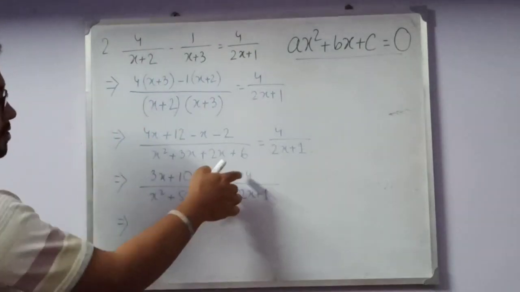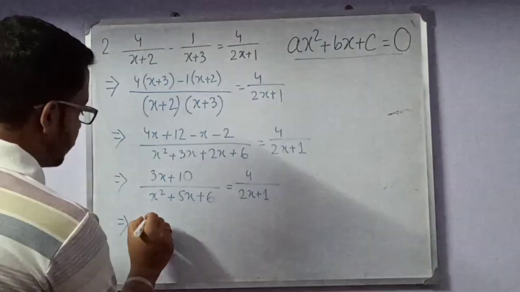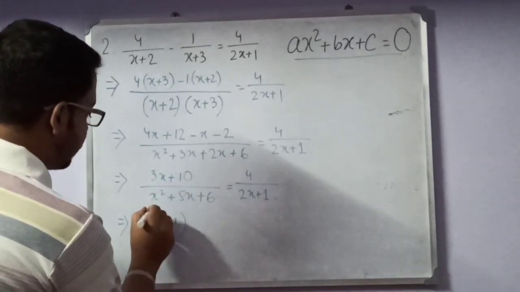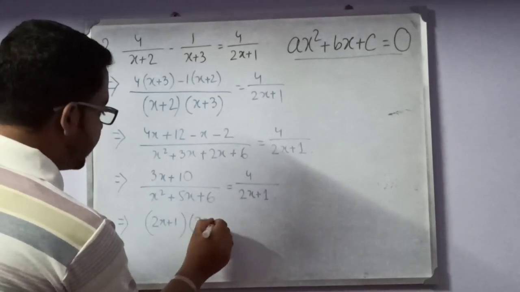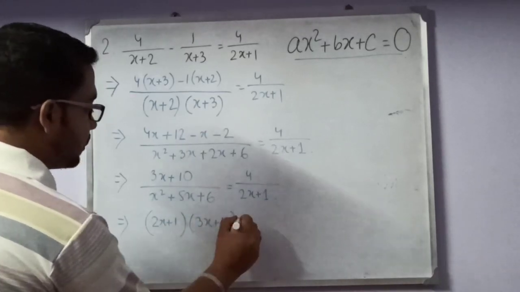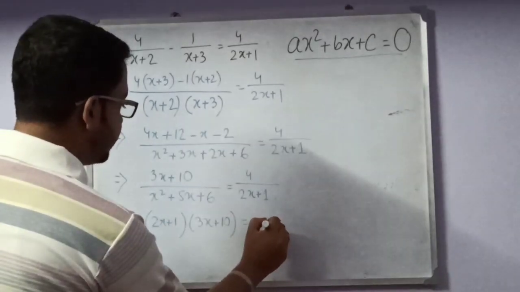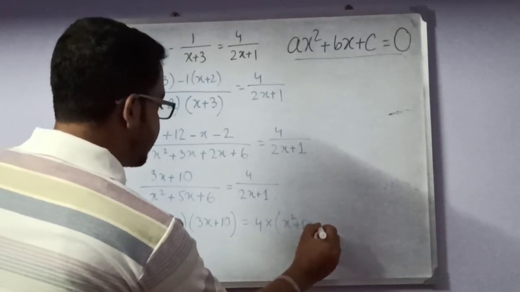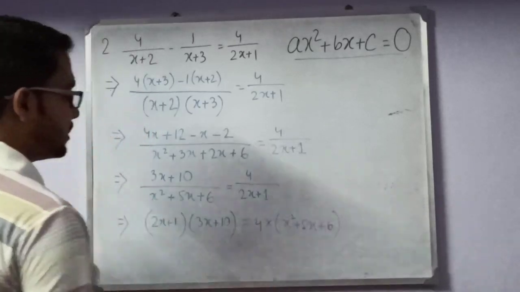Now cross multiply these two parts. So 2x plus 1 into 3x plus 10 and 4 into x² plus 5x plus 6.